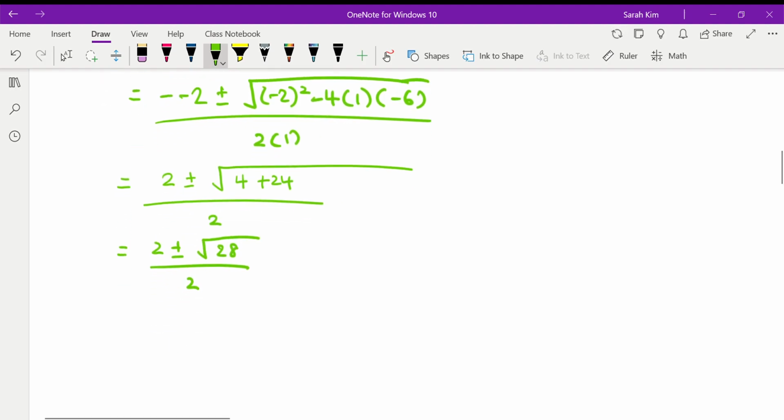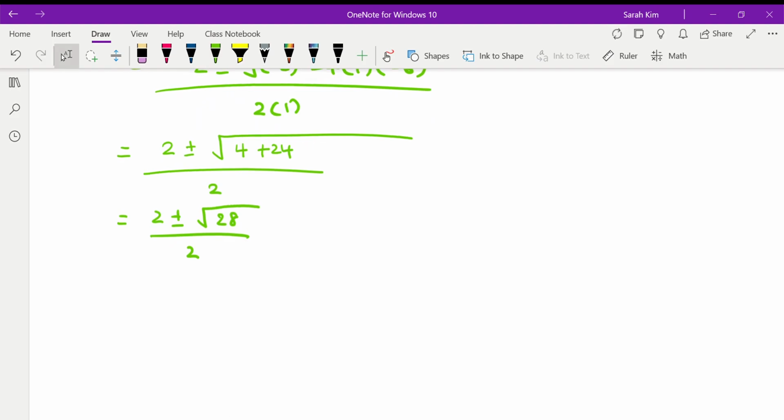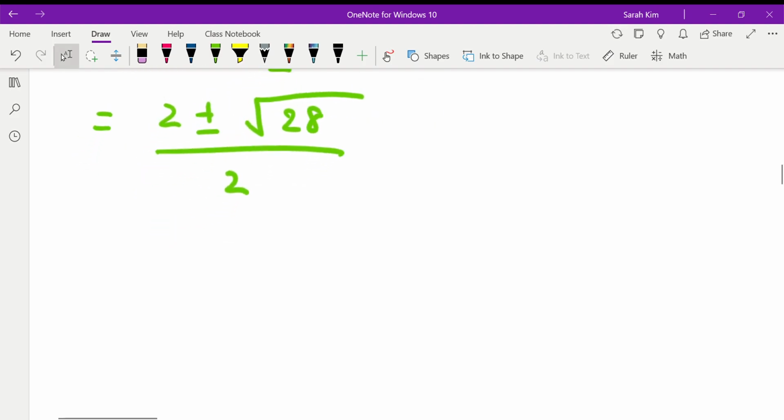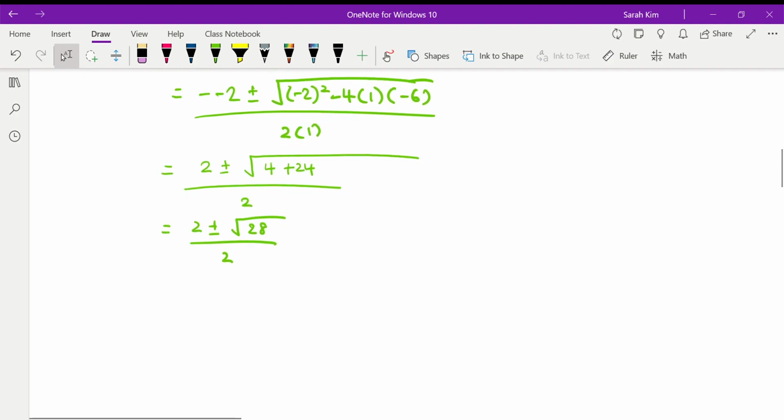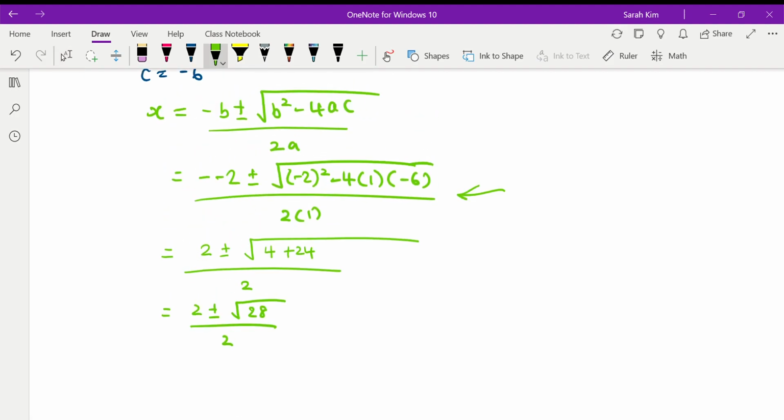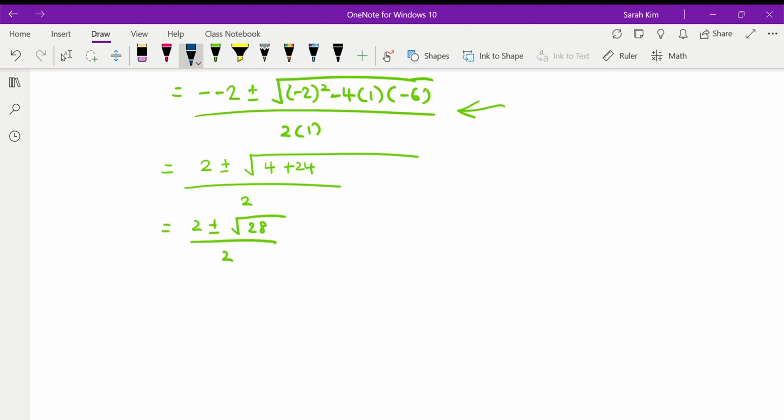Now this is your answer, but it isn't simplified. That means you need to make sure this is in the smallest fraction. If you're in the calculator section and you just put that in, it should always give you the simplest form. But in the non-calculator section, you basically need to know how to simplify surds.